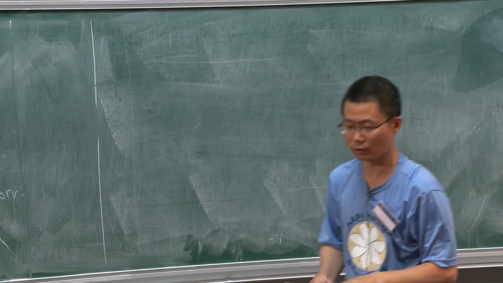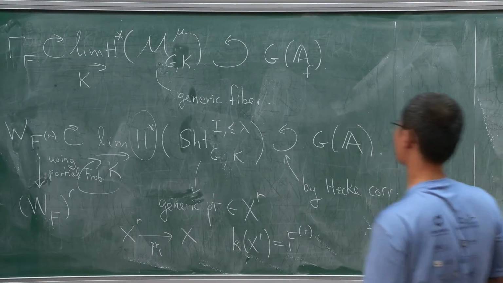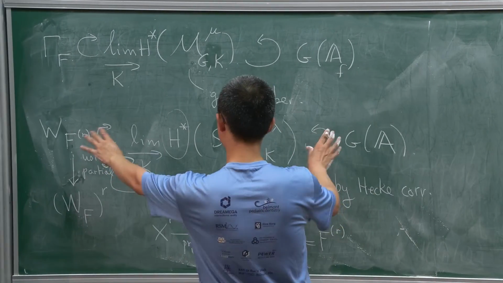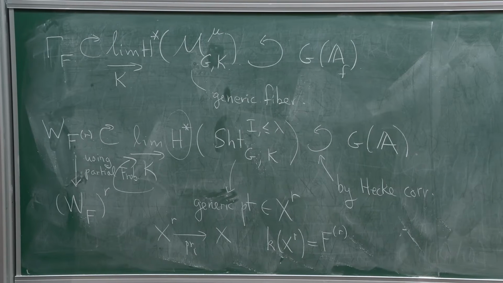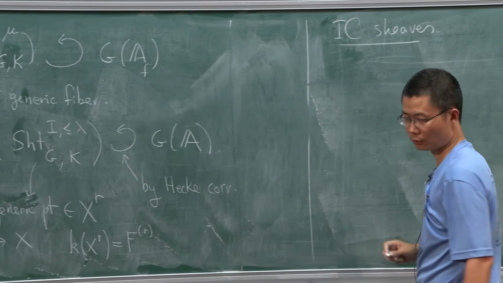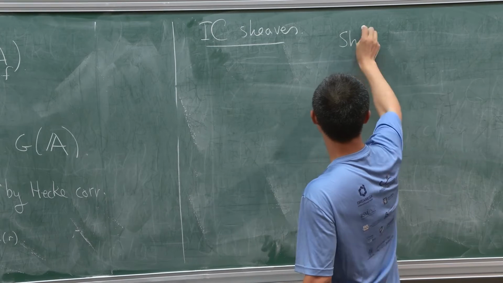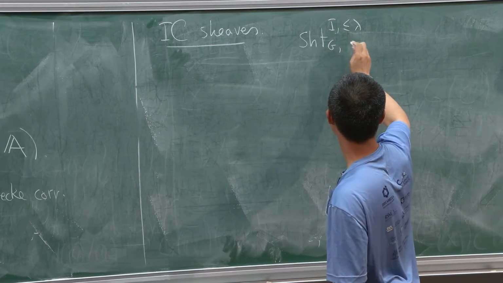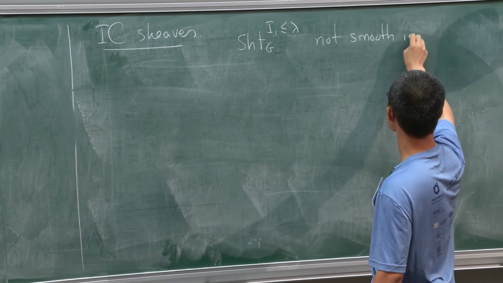So let's be more precise about what we mean by cohomology and give an indication of how these actions are constructed. So one complication we mentioned is that Shtuka bounded version is not always smooth in general.